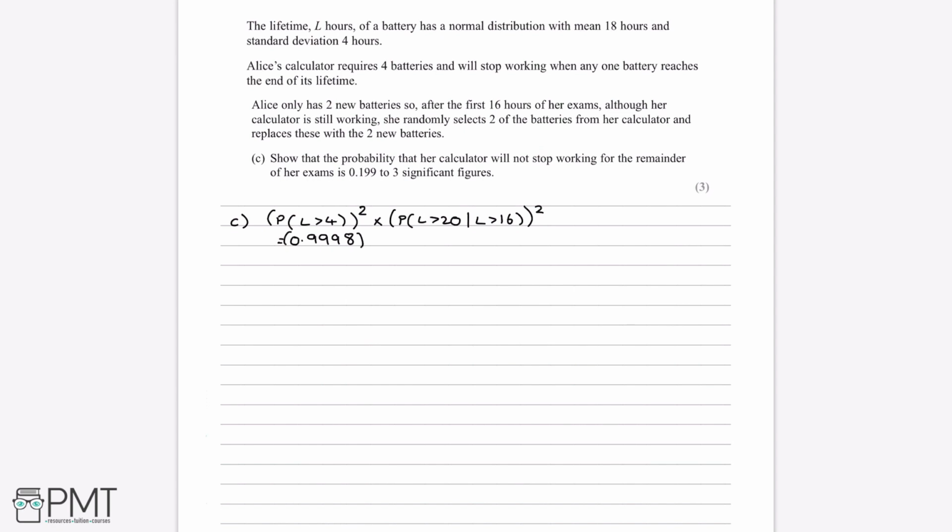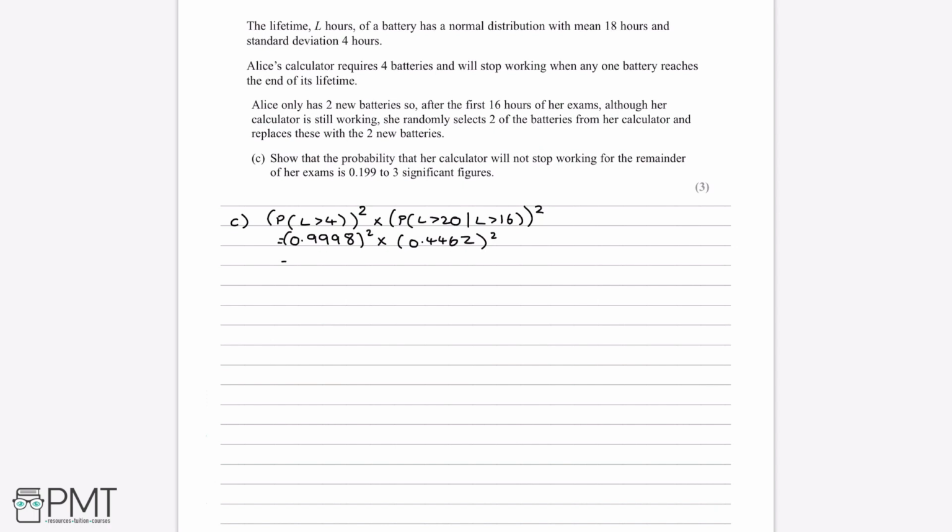We need to use the whole answer in our calculations, but just for writing down, we do it to 4 decimal places. And then, as we found in part B, the probability that L is greater than 20, given that L is greater than 16, is equal to 0.4462, again to 4 decimal places, squared.